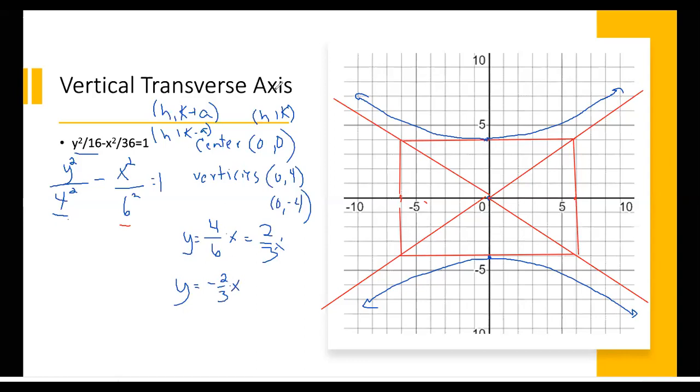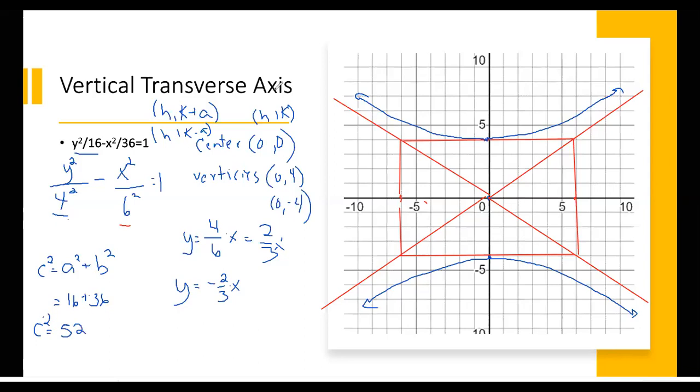The final thing that we need to find that defines this hyperbola is our foci. Now our foci, we're going to move along our transverse axis. So here this is a vertical transverse axis, and our c squared is equal to a squared plus b squared. So in this case, it's equal to 16 plus 36. And 16 plus 36 is 52.